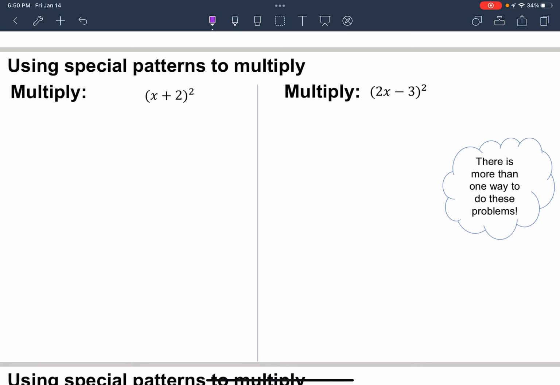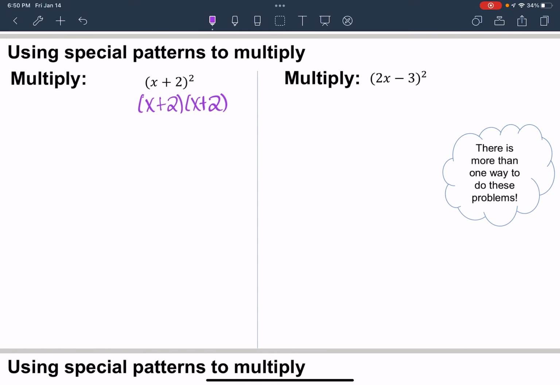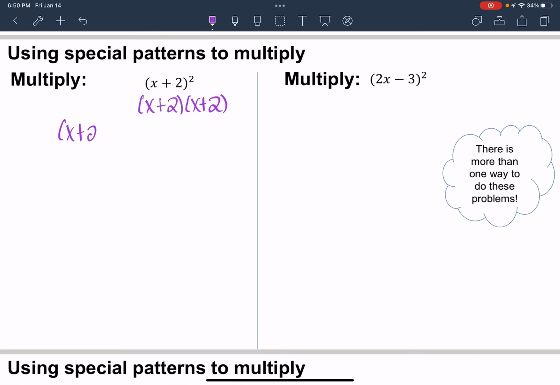So use special patterns to multiply x plus 2 squared. It is perfectly okay if you write this out as x plus 2 times x plus 2, and then use the box method or FOIL or any other way of distributing to multiply. But I'm going to show you how to do this with special patterns. Since it's an addition problem, this has the pattern a plus b squared. So I know that the result is going to be a squared plus 2ab plus b squared.